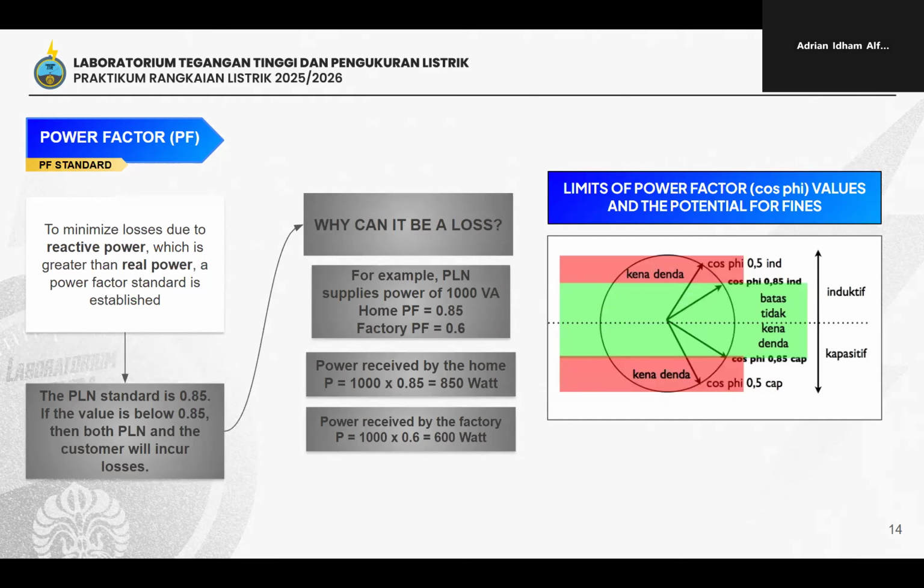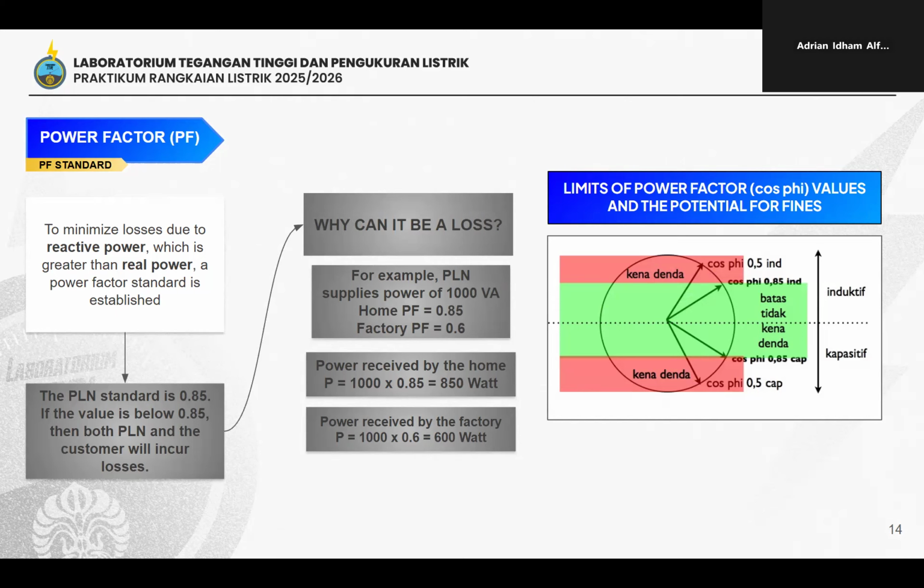Okay, and now we will learn about the power factor standard. To minimize losses due to reactive power, which is greater than real power, a power factor standard is established. The PLN standard is 0.85.